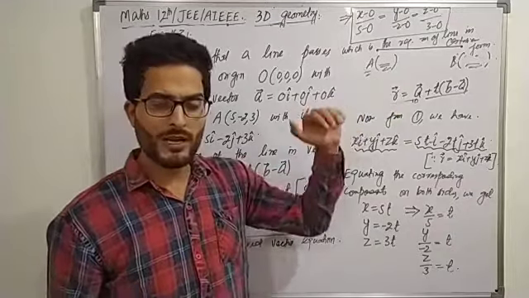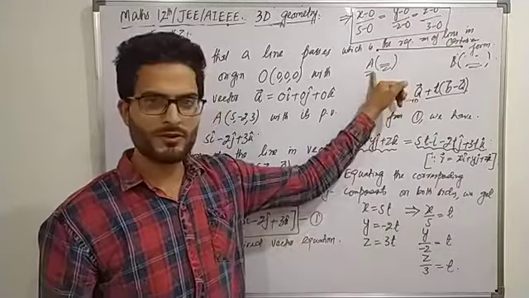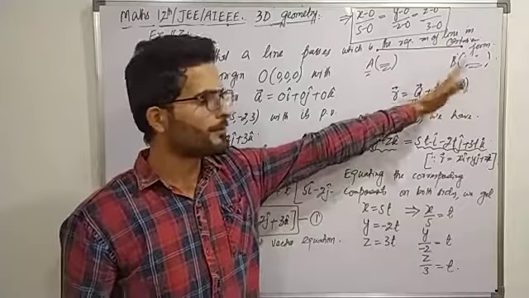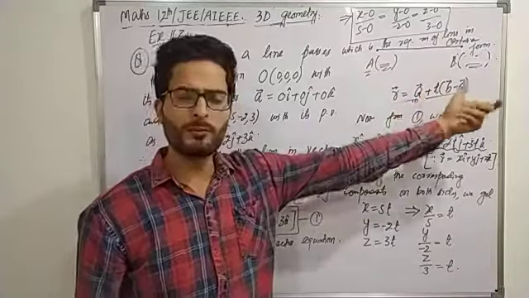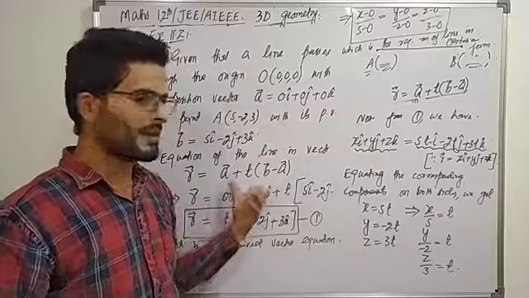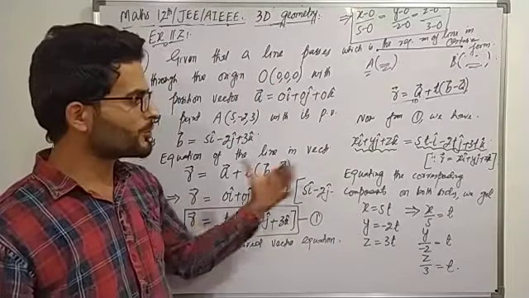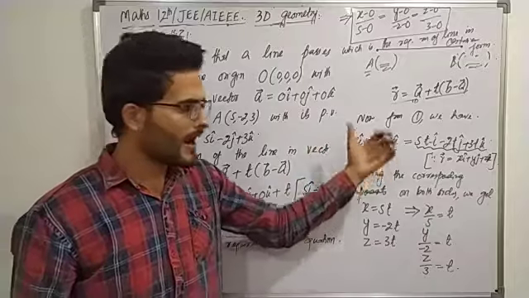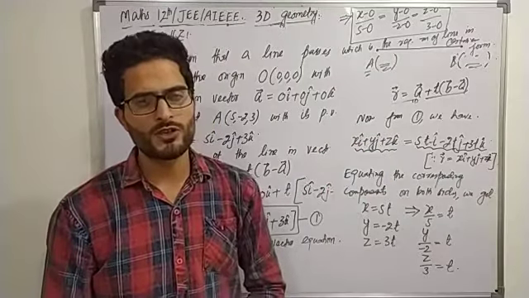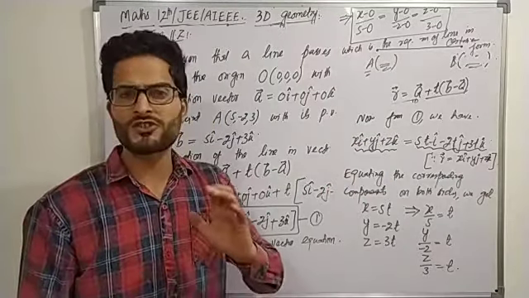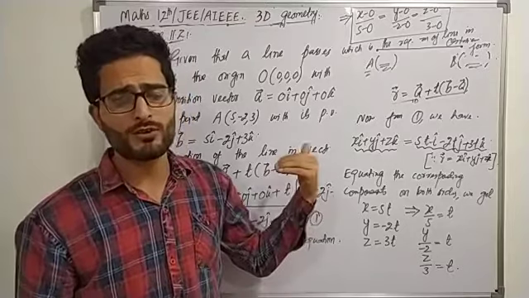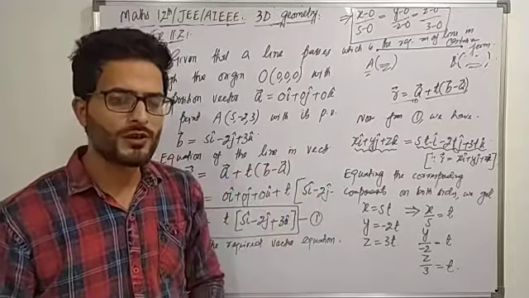Question number 8 और 9 में सिर्फ ये डिफरेंस है, 8 में हमारे पास origin था 0, 0, 0 और एक पॉइंट था, और यहाँ पे दो डिफरेंट पॉइंट्स हैं. तो बिल्कुल आप इसी तरह पहले वेक्टर इक्वेशन निकालोगे और वेक्टर इक्वेशन में आर वेक्टर का वैल्यू पुट करोगे xi plus yj plus zk, and there you will get the Cartesian equation of the line. So question number 9 is just the mirror reflection of that question number 8. So you can do it yourself.